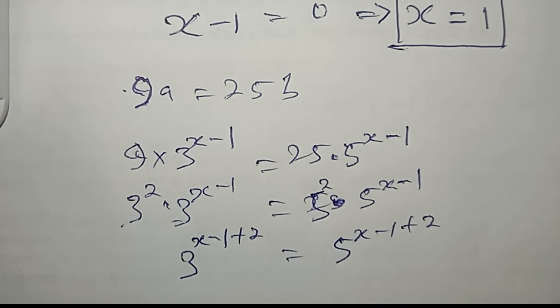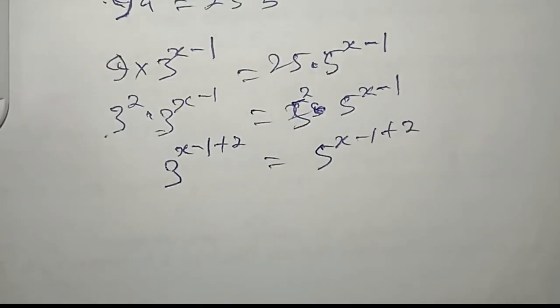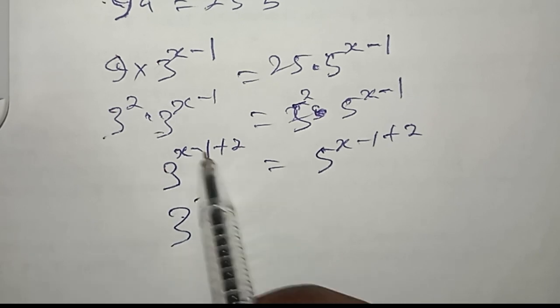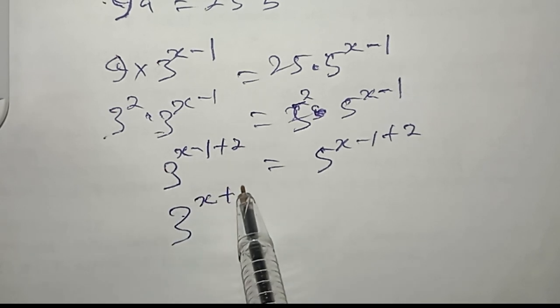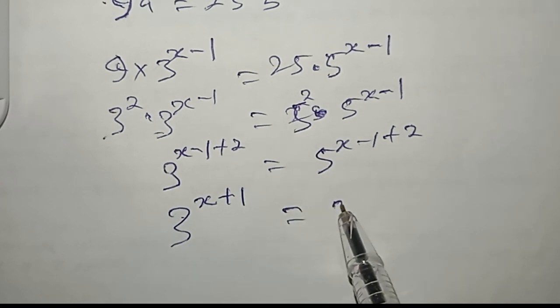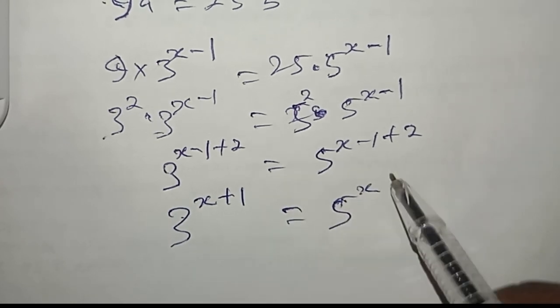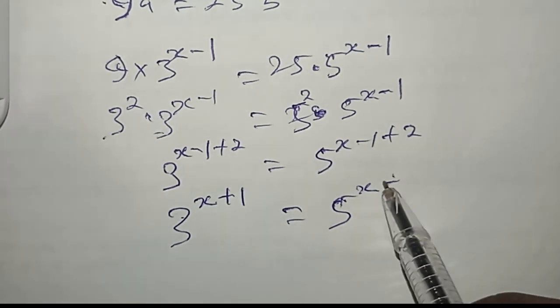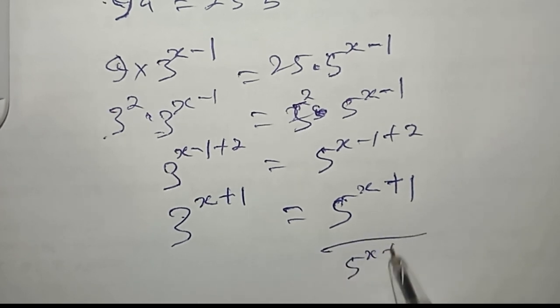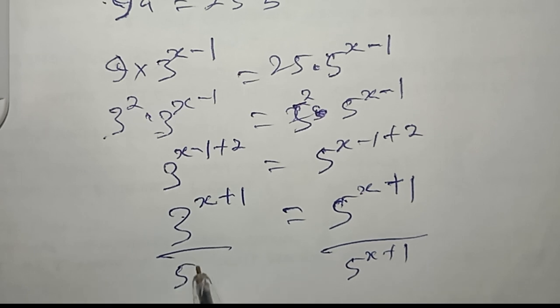So what I have here is 3 power x, 2 minus 1 is actually 1, that is x plus 1 is equal to 5 power x, 2 minus 1 is also 1, so I have plus 1 right here. Similarly, I'm also going to divide through by 5 power x plus 1, and then 5 power x plus 1.